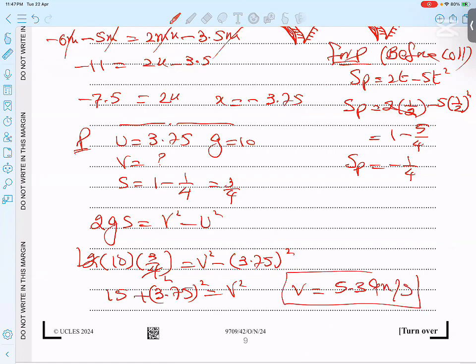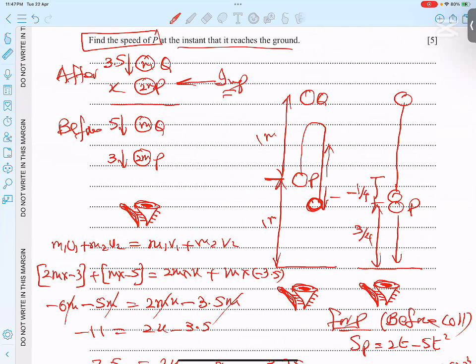So now let me elaborate once again. Many students think that the collision happened at this distance, and that it was traveling upwards, then downward. No. We found it later on. When P was traveling downwards, Q came down and hit, and I think you got the point.